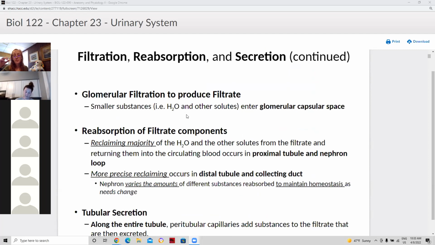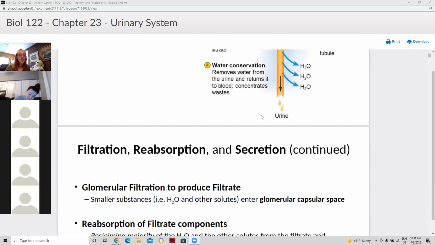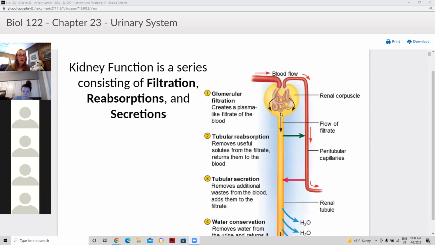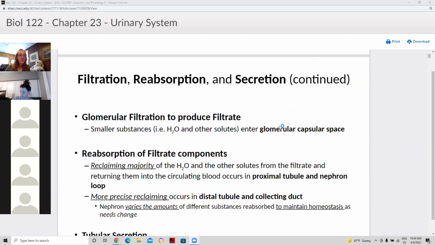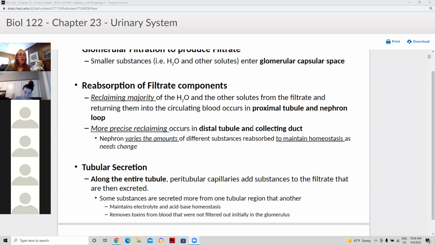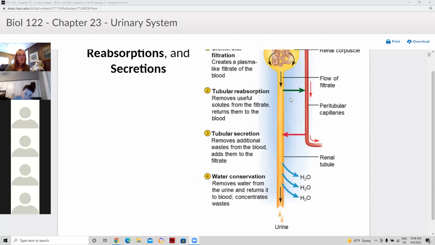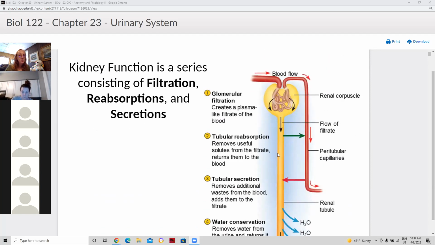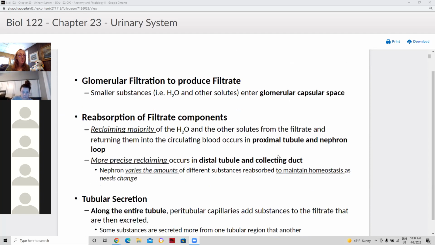So filtration is going to produce a filtrate where smaller substances like water and other solutes leave the glomerulus. Reabsorption: the majority of the water and other solutes within this filtrate, in this tube, is going to get reabsorbed and returned to the blood.